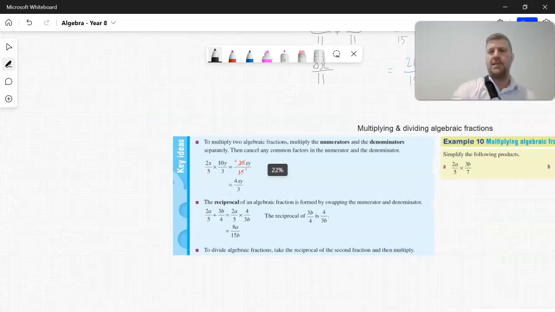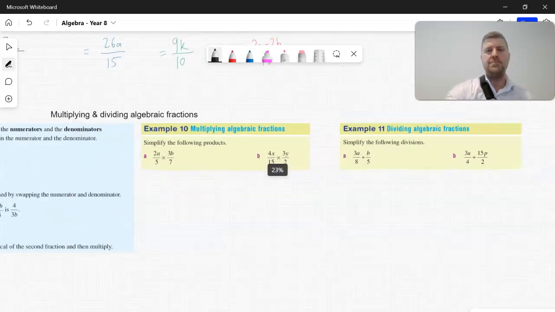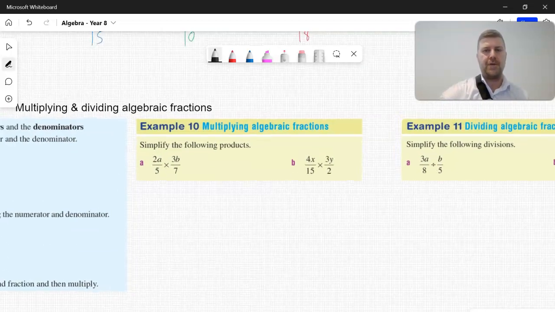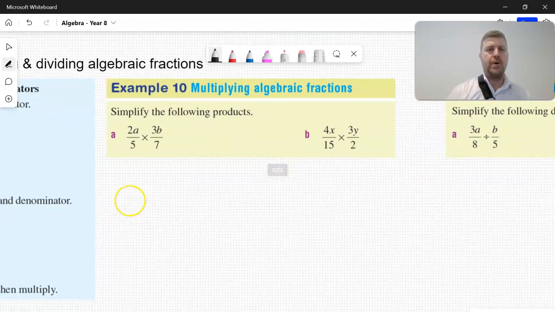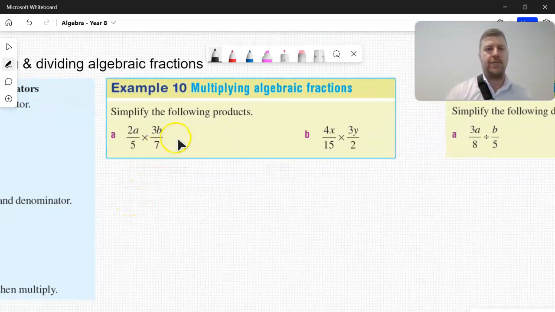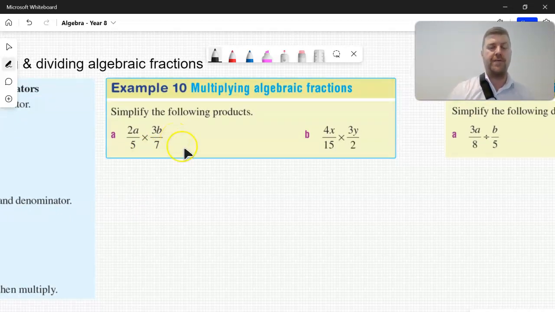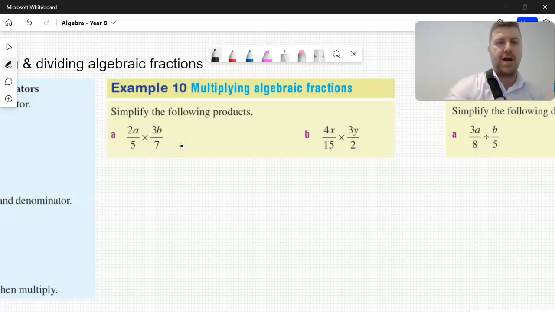So let's get into a few examples here today. The first one I have is 2a over 5 times by 3b over 7. So like I said, we're just doing numerator times by numerator, so it's 2a times by 3b and 5 times by 7.